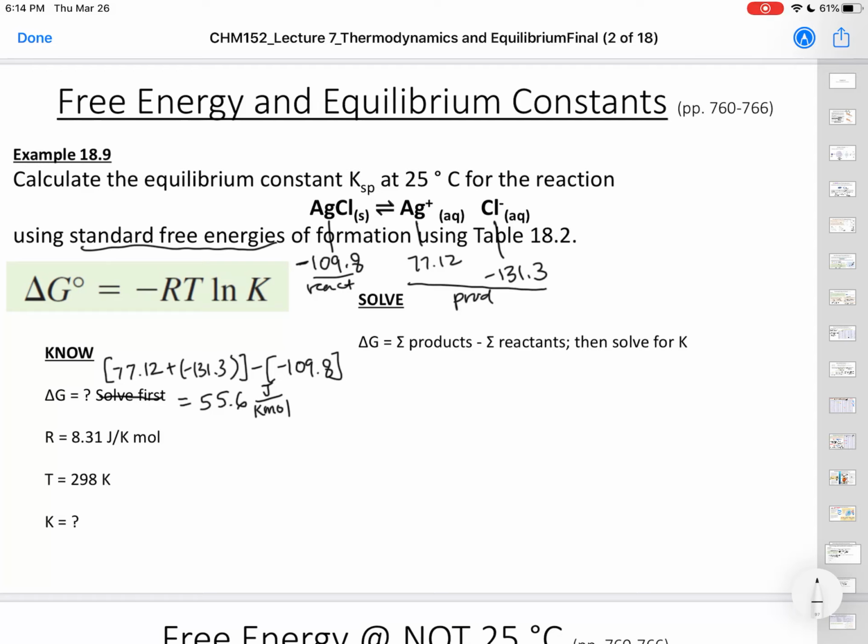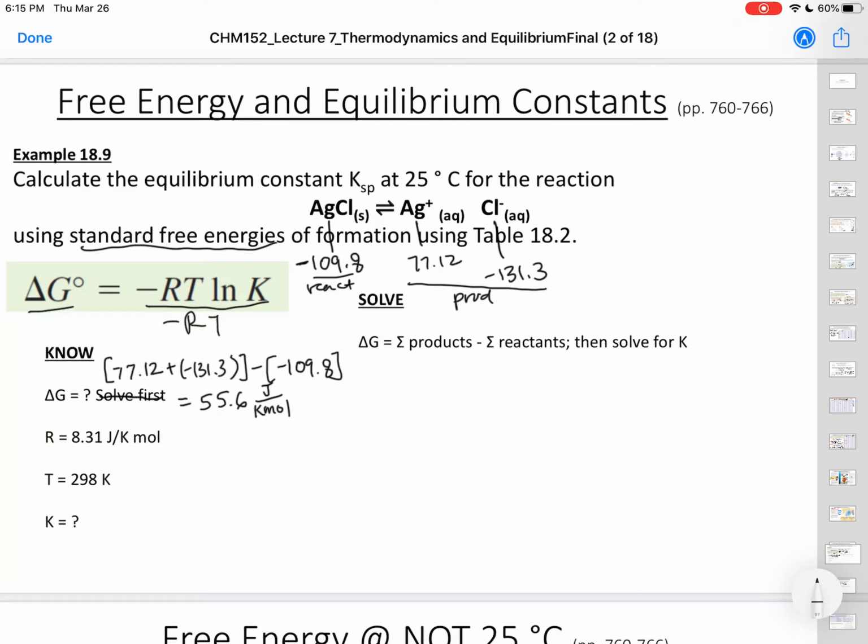Let me double check real quick. 77.12 minus 131.3 plus 109.8. Yes.